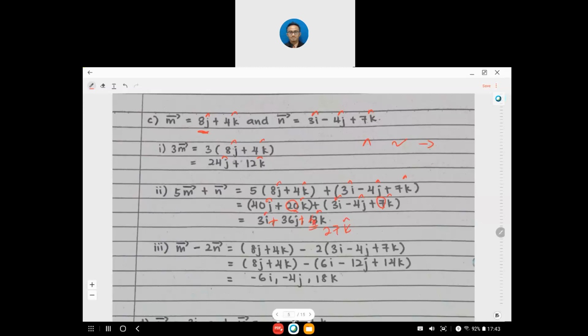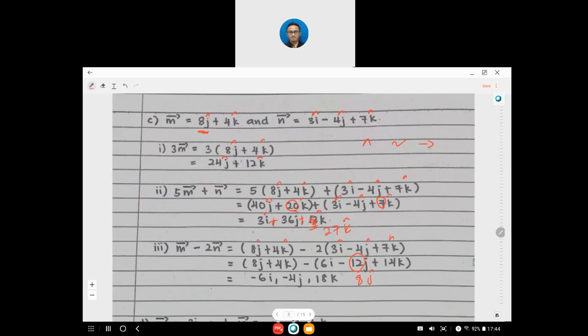And then 3, m minus 2n. So you get 8j. Put the vector symbol also. 2 times 3i minus 4j plus 7k. Expand this one, you get 6i minus 8j and then 14k.